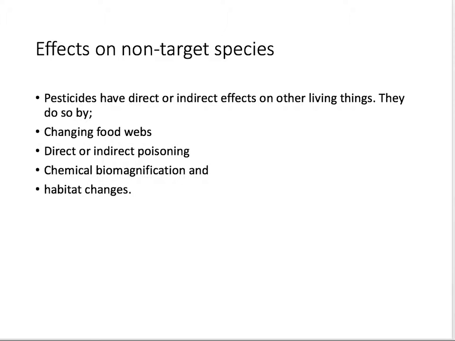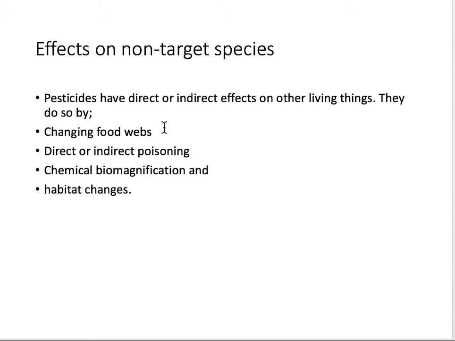Okay, non-target species. Basically, pesticides can often kill beneficial organisms as well as pests. So, for example, pesticides can kill predatory insects that would eat the insect pests, as well as economically important insects such as bees that are commercially important to apiarists. As well, the animals that eat the poisoned insects and other animals that are further up the food chain can also be poisoned.